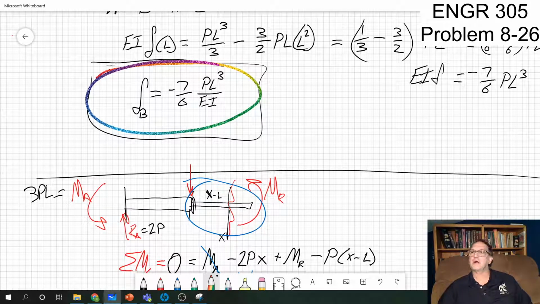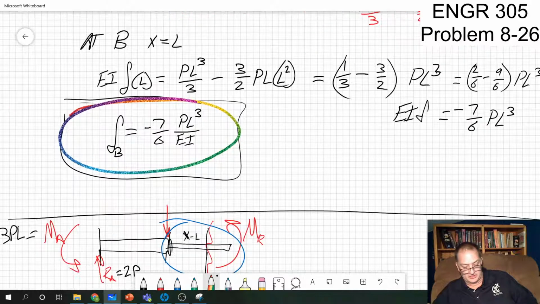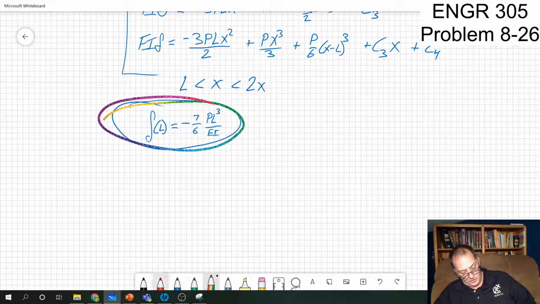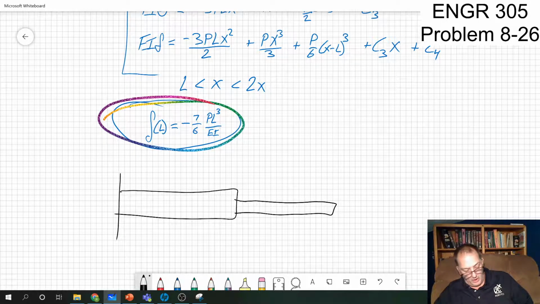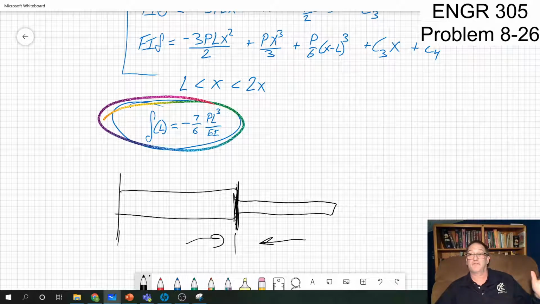We solved this equation. If we look at our system, we wrote an equation for this portion of the beam from 0 to L, and then we solved it for the deflection at B. Well, the deflection at B, if I go from this side or from this side, has to be the same.